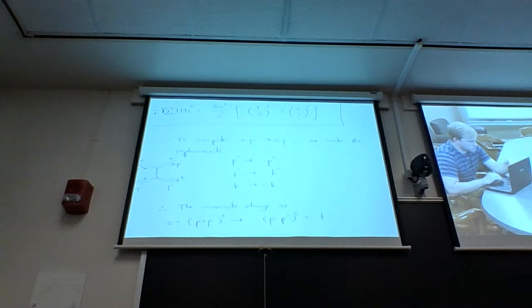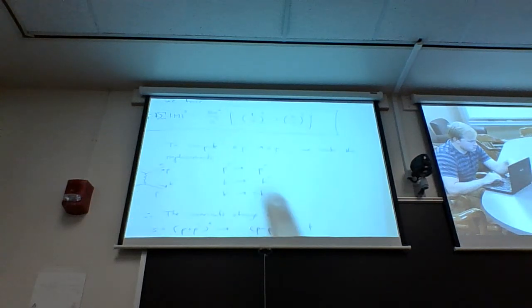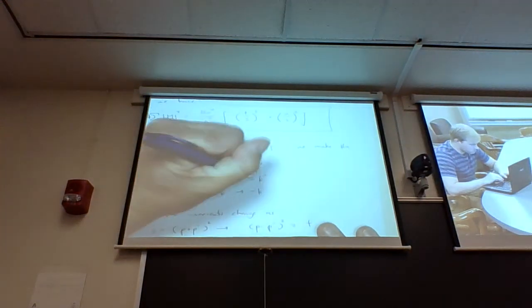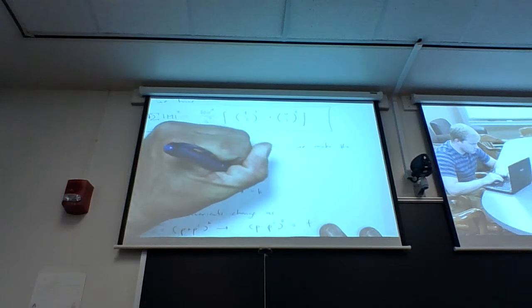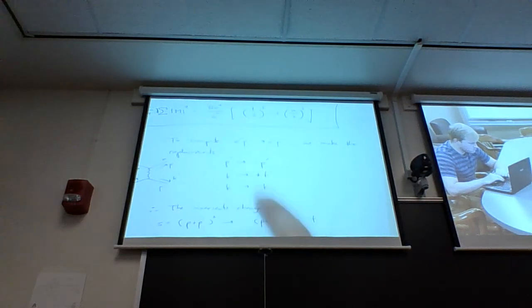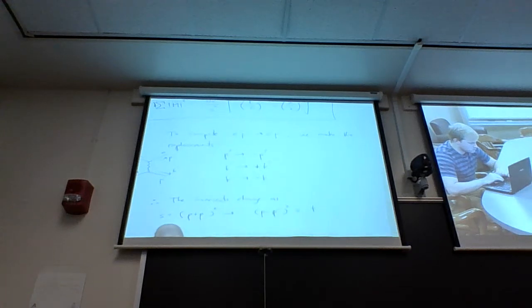K prime does not change, so keep it as a final state. With these interchanges, I can go to my definitions of S, T and U and see what they give me.